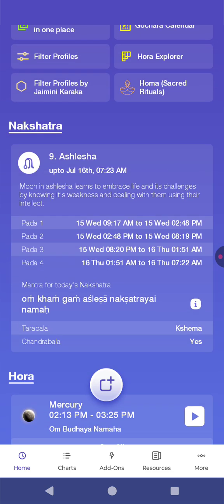So for today, the moon for July 16th is in the sign of Cancer and in the nakshatra of Ashlesha. Ashlesha is actually ruled by Mercury, right? So Mercury is extra highlighted right now.